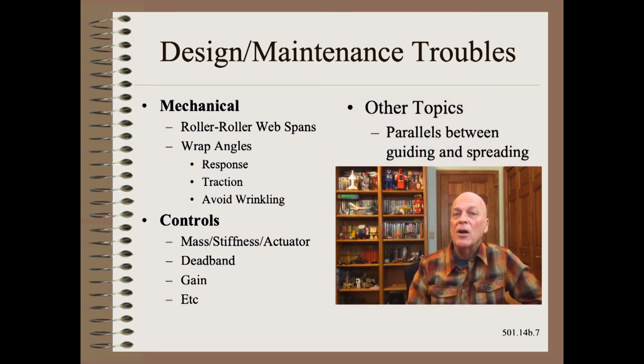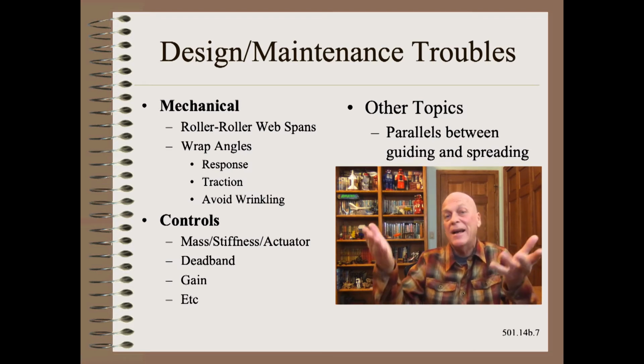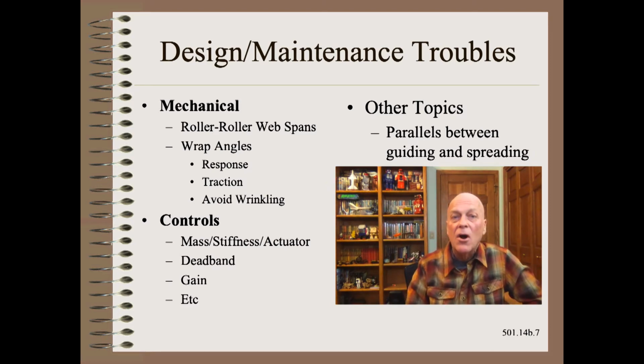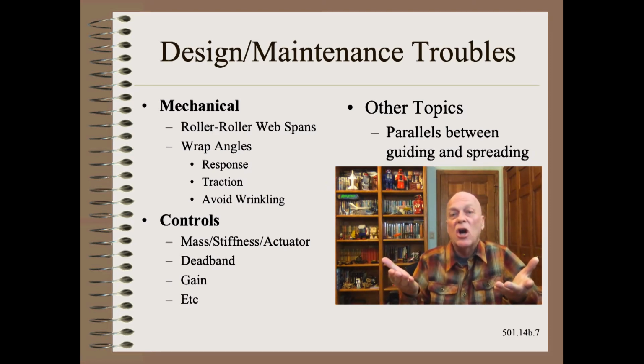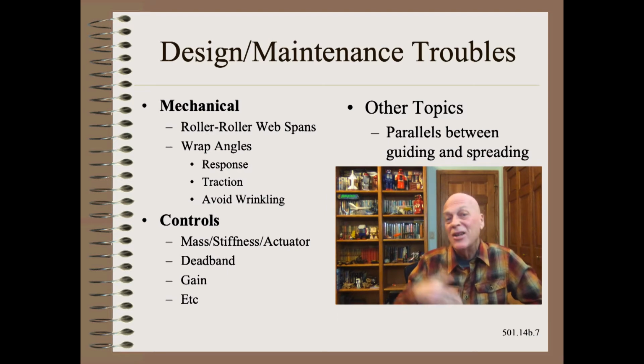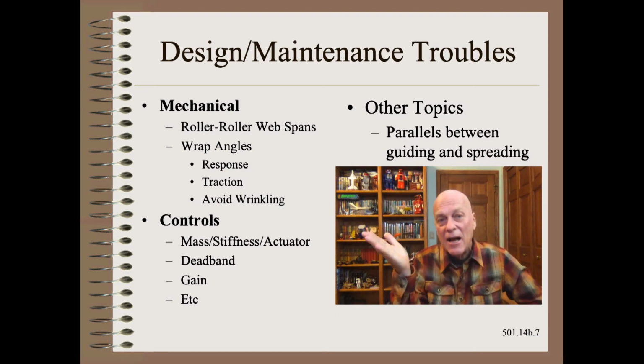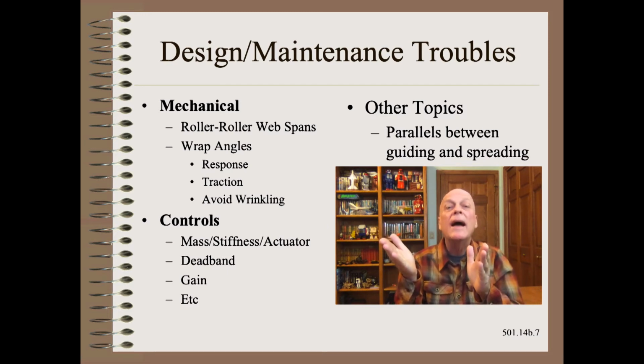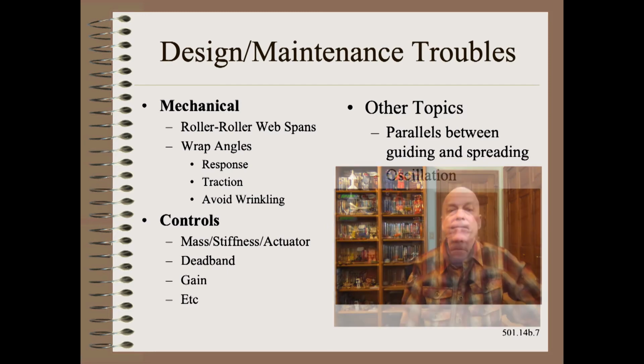Also in our chapter are foundational discussions of why guiding and spreading use exact same principles, only that spreading is much harder because you would direct the left edge of the web to the left while simultaneously directing the right edge to the right.